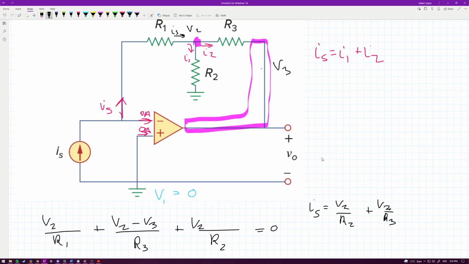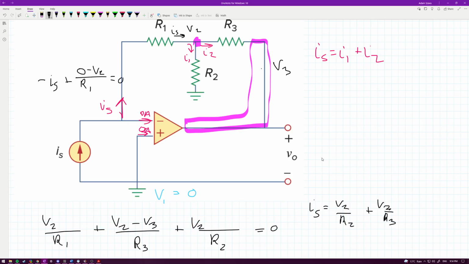Oh, okay, so I'd get negative IS because it's coming in, plus 0 minus V2 over R1 equals 0.